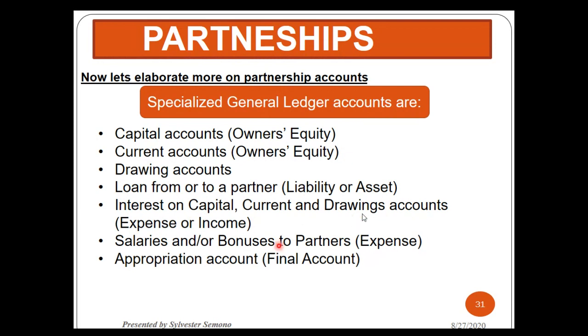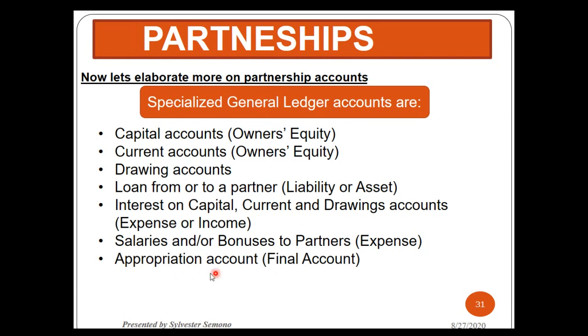Sometimes we do pay salaries to the partners. So salaries and bonuses to the partners means the business or the partnership will be paying the partners. That's why we classify this as what? As an expense. We do have an account called appropriation. Appropriation sometimes is called the distribution account. It means in the partnership, the profit or losses which have been made need to be distributed amongst the partners.